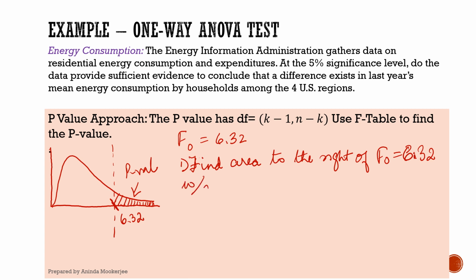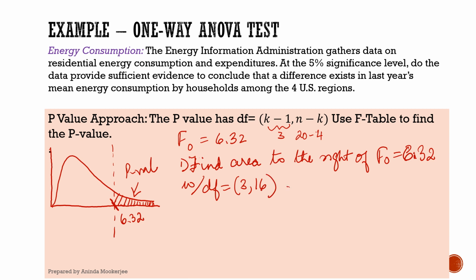with df equals, now our df's were k minus 1, which was 3. We had 4 categories, so 4 minus 1 was 3, and n was 20, so 20 minus 4 was 16. So df's of 3 comma 16.